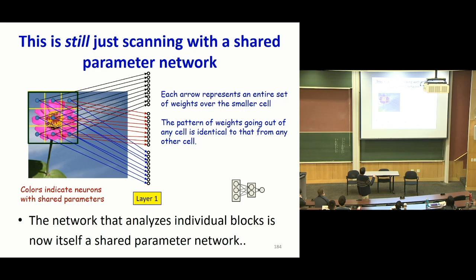And each of these outputs came from a small sub-block. Every line going into any one of these 9 represents all the weights from within the sub-block, and every line represents an identical set of weights compared to every other line going to the same sub-block, right? So that's the only small difference that happened, but it's still the same shared parameter network.